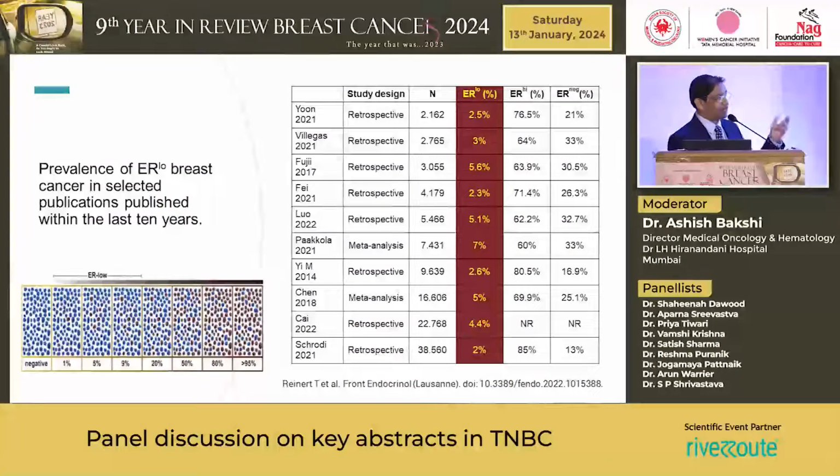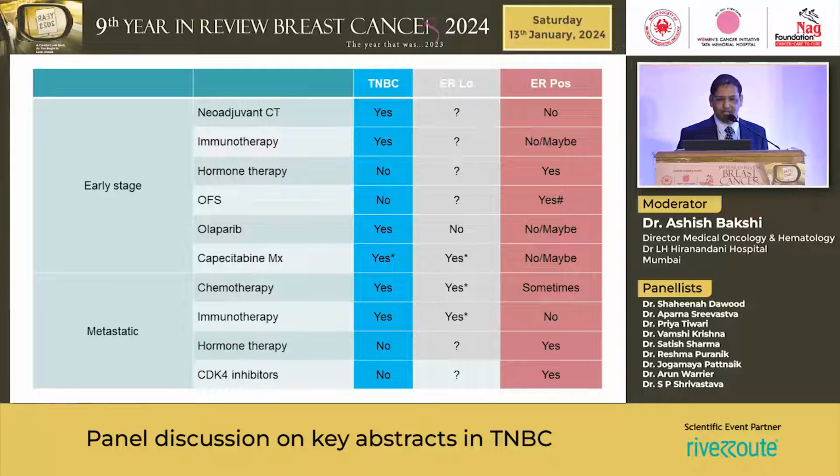So 10% I would say is somewhat bigger than across the global studies that have been reported. Usually the percentage of ER low breast cancer has been typically around 5% or less. But again, there are a lot of factors involved in this. Now, as we all know, we treat TNBC in a completely different way today. ER positive we treat in a completely different way.